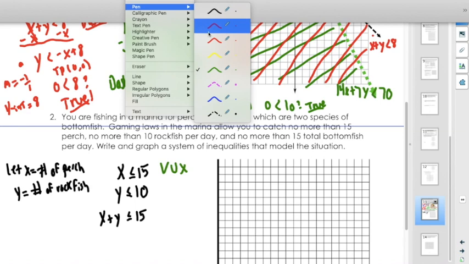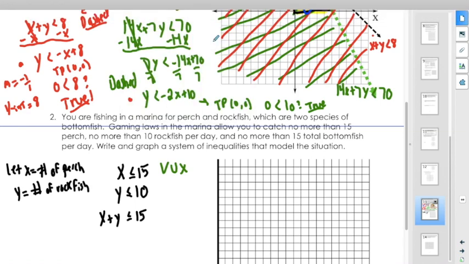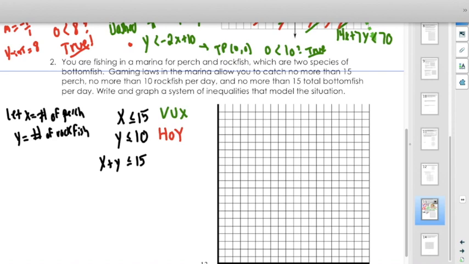How about the next piece? Y is less than or equal to 10. That's going to be HOY, which means a horizontal line at y when it's 10.